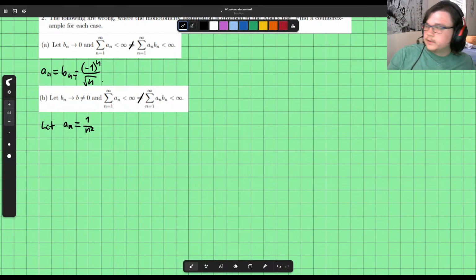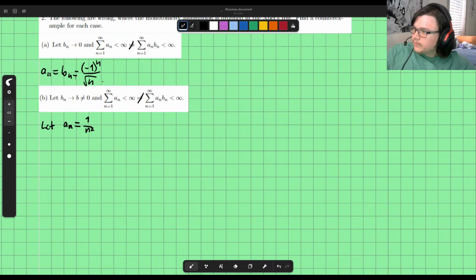What does 1 over n squared converge to? I don't remember that. Is equal to pi squared over 6.